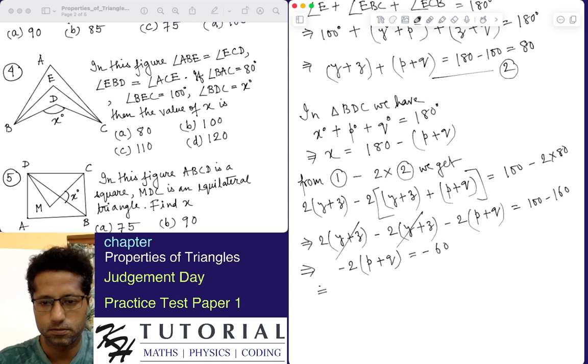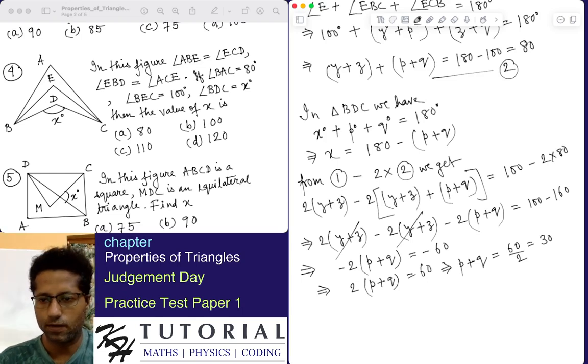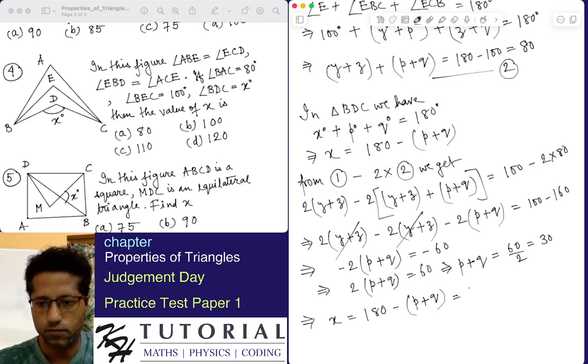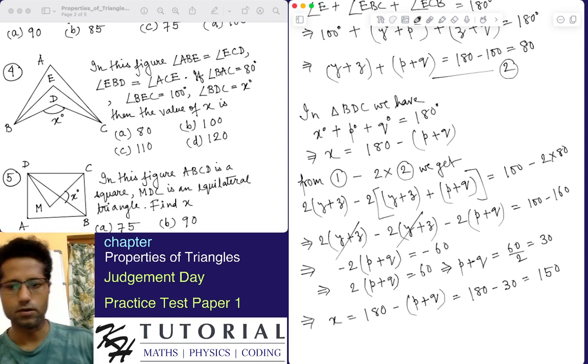So minus minus gets cancelled, so we have 2 p plus q equals 60. This implies p plus q equals 60 divided by 2, that is 30. So we got the value of p plus q. So now we know that x is equal to 180 minus p plus q. This is 180 minus 30, that is 150. But 150 is not in the choices.